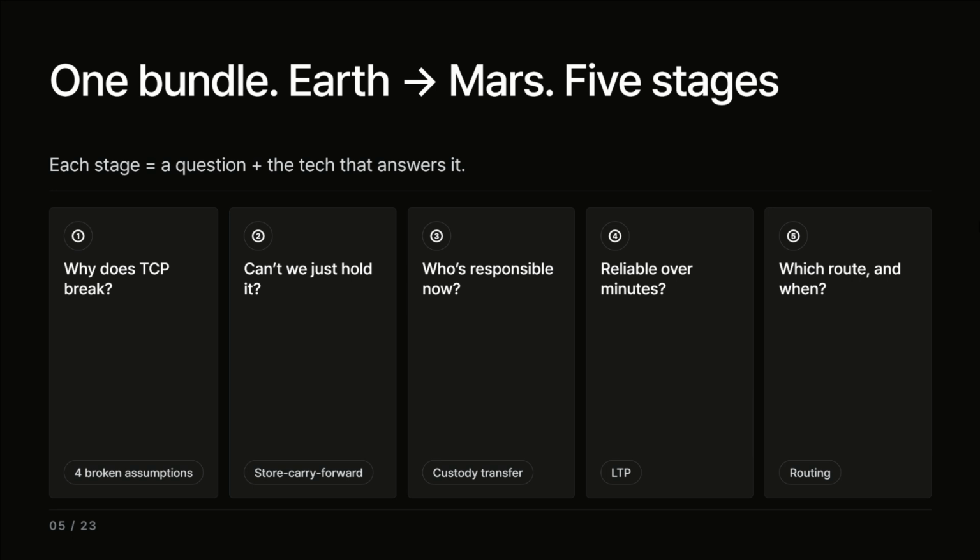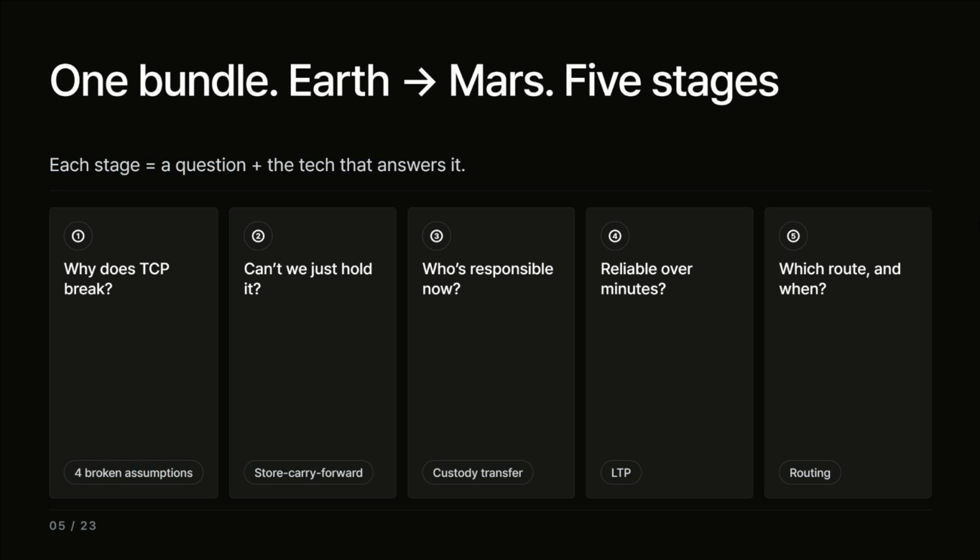Third, if we do that, who becomes responsible for delivery? Fourth, how do we provide reliable transport when delays are measured in minutes rather than milliseconds? And finally, how do we decide where and when to forward the data? These 5 stages form the backbone of the rest of the presentation.